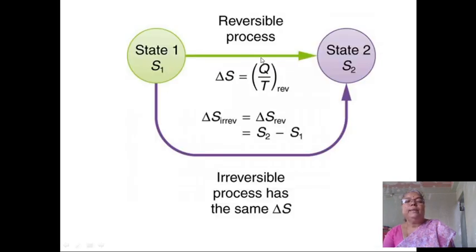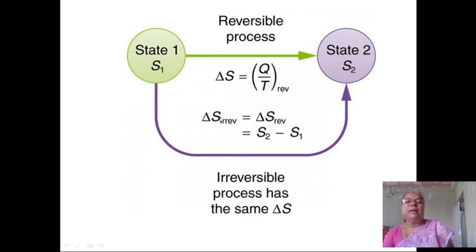Then entropy is a state function. That means it depends only on the state of the system. Suppose this is a reversible process. Our system transfers from state 1 to state 2, and the change in entropy is given by delta S, where this delta sign is the big or finite change in entropy, and it is again the same ratio of heat to the temperature at which heat is absorbed.